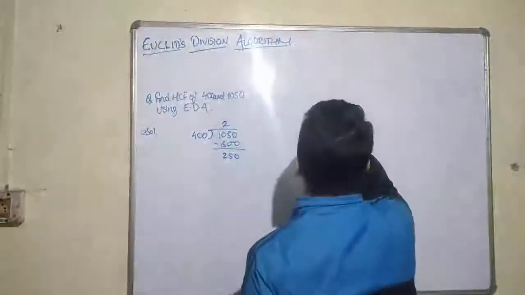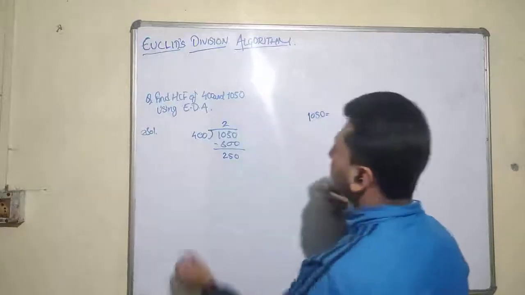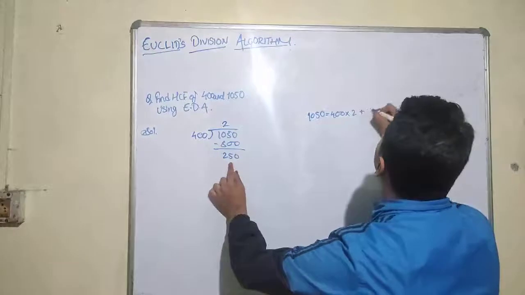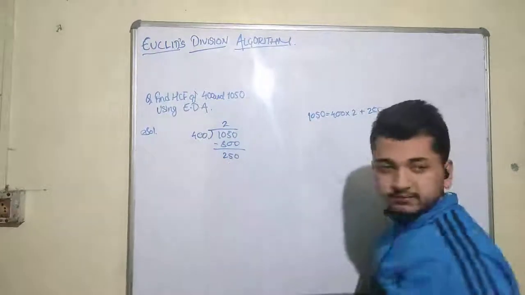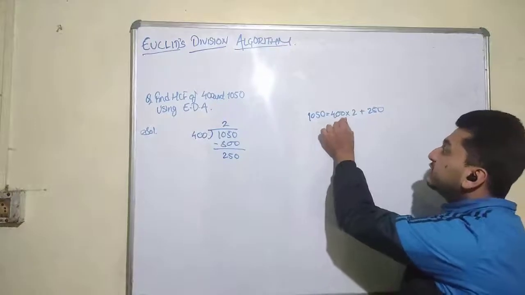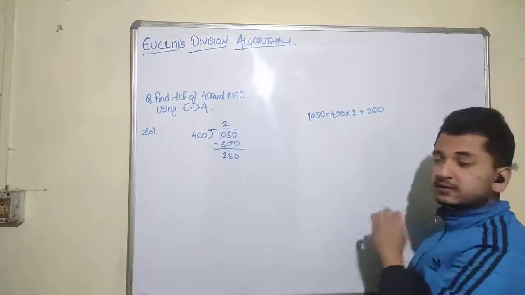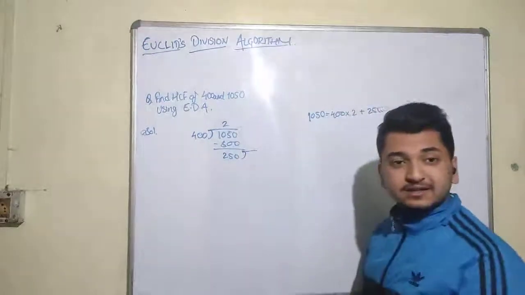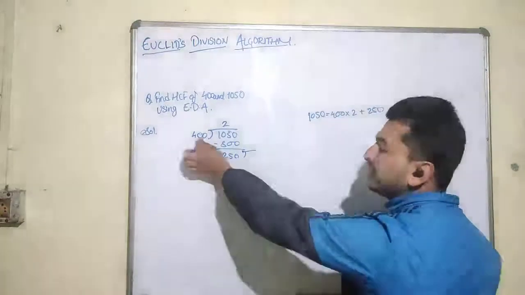So we will write this step: 1050 equals 400 into 2 plus 250. Right? Now, what will be our next dividend? The divisor in the last step.